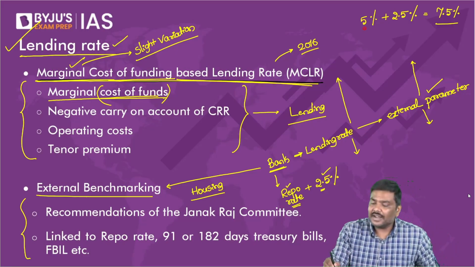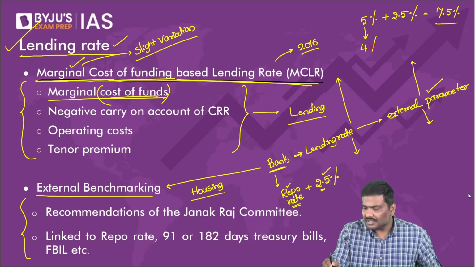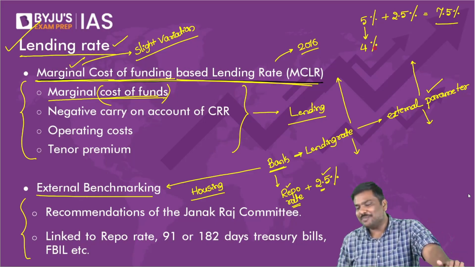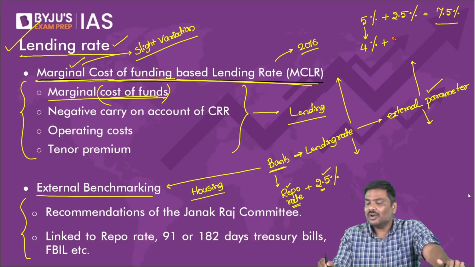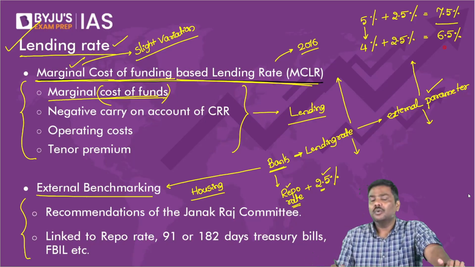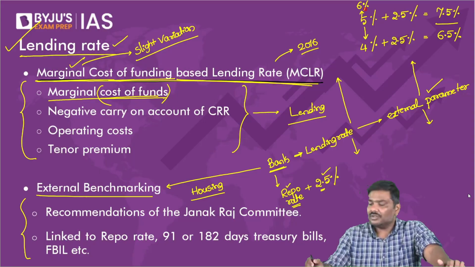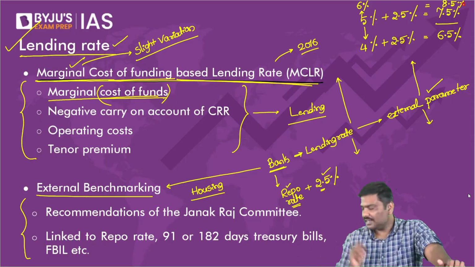If RBI reduces the repo rate from 5% to 4%, what will happen to the rate of interest on the loans? 6.5%. What if RBI increases the repo rate from 5% to 6%? What will happen to the rate of interest on the loan? It will become 8.5%.